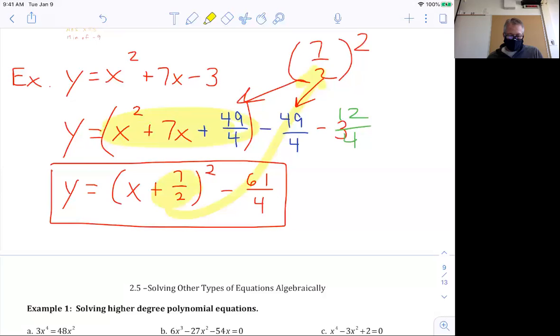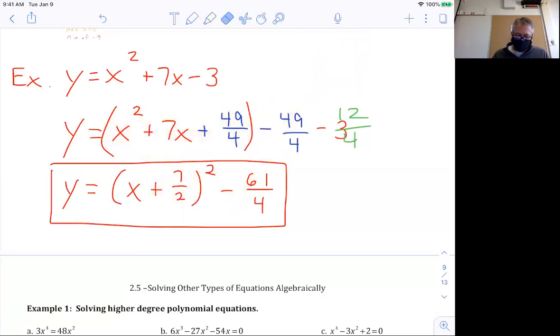So it factors into x plus 7 halves squared. Now, you can always FOIL that out to see: if you do x plus 7 over 2 times x plus 7 over 2, you will get this. So it always factors into that. And I know working with those fractions is a bit uncomfortable, so we'll do a couple examples here.